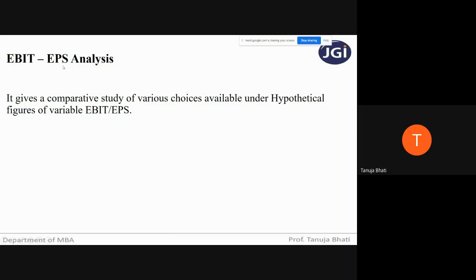EPS is earnings per share. It will be different under different financing mix. When I say financing mix, it means a combination of debt and equity. So when you keep on changing the combinations, your EPS will change accordingly. So you have to keep changing the financing mix and observe the EPS.